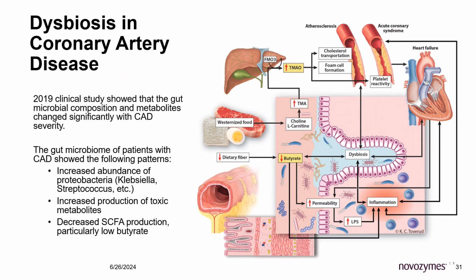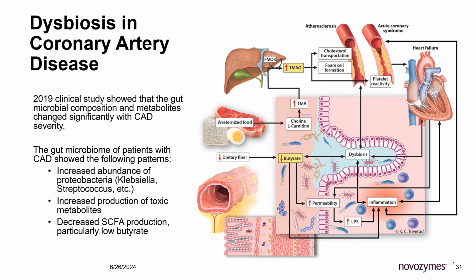Dysbiosis also plays a role in coronary artery disease. A 2019 clinical study showed that gut microbial composition and metabolites changed significantly with coronary artery disease severity. In fact, the gut microbiome of patients with coronary artery disease showed the following patterns. They showed an increase in the abundance of inflammatory bacteria that belong to the Proteobacteria phyla. Now, this is important because Proteobacteria contain lipopolysaccharide, or LPS.